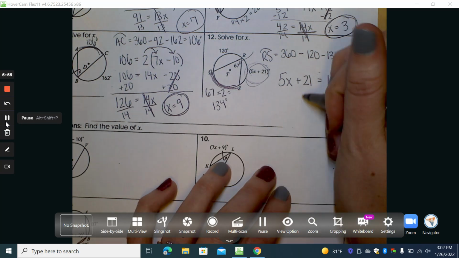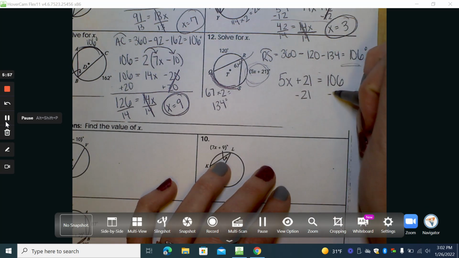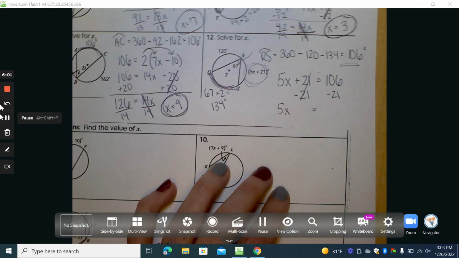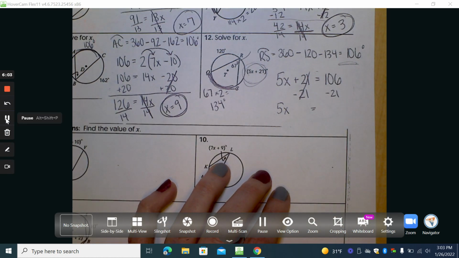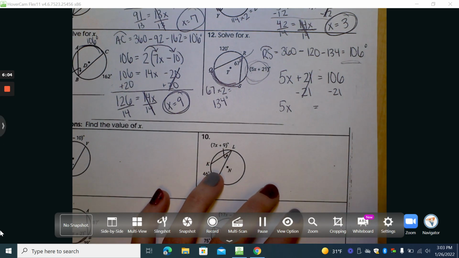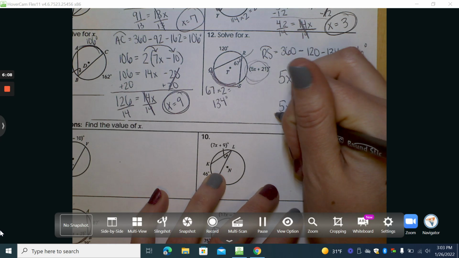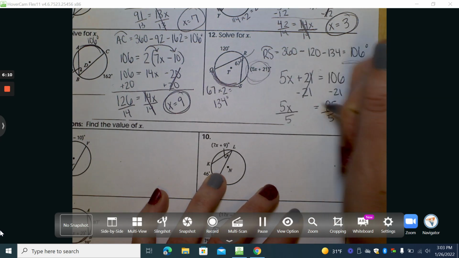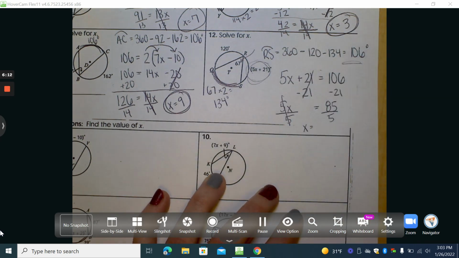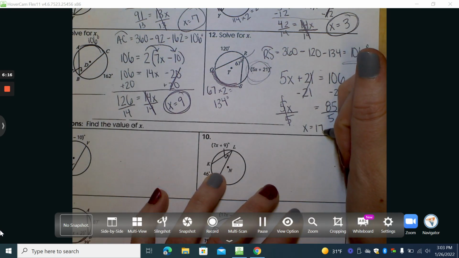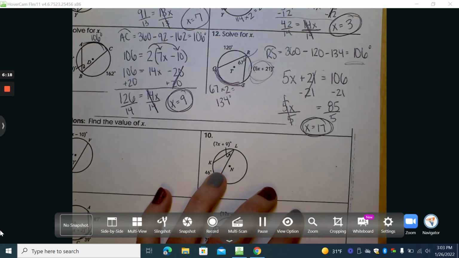That's the equation I'm going to solve. So let's go ahead and subtract 21 from both sides. And I get 5x equals 106 minus 21, which is 85 degrees. And then, of course, at the very end, I'm going to divide by 5. And so 85 divided by 5 is 17. That is my final answer.